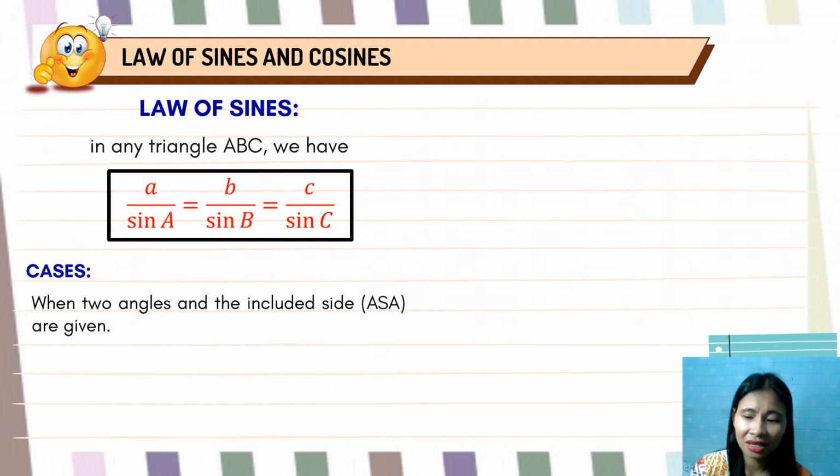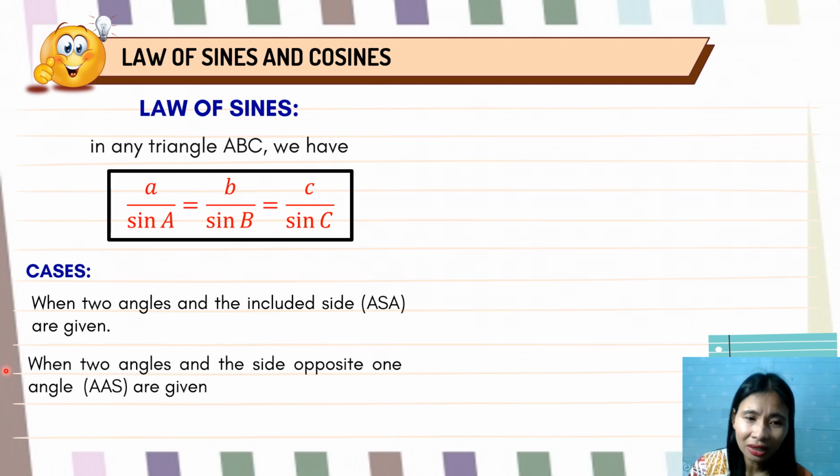When two angles and the included side are given, I think this is from your grade 8 lesson on triangle congruence, you're going to make use of law of sine. Or, if two angles and a side opposite one of the given angles are given, or AAS, you're going to use law of sine. So make use of that little tip for us to be able to identify it clearly.